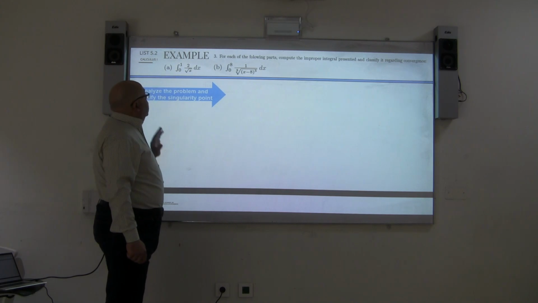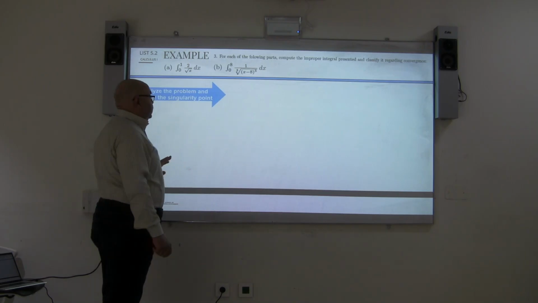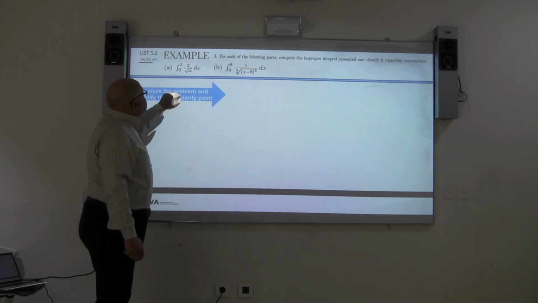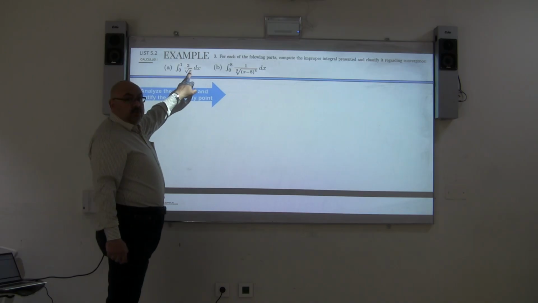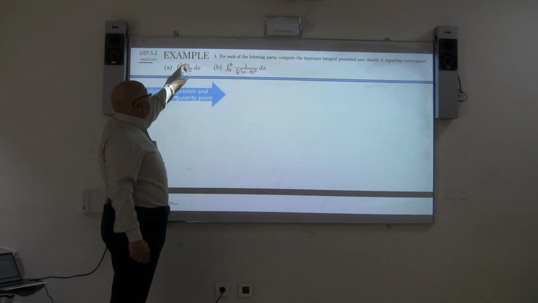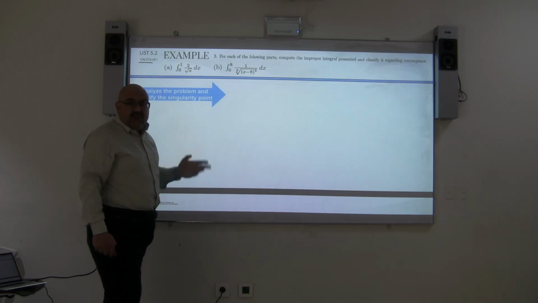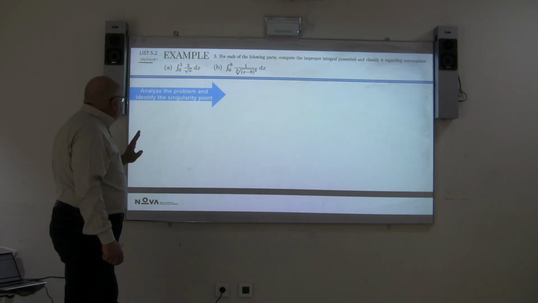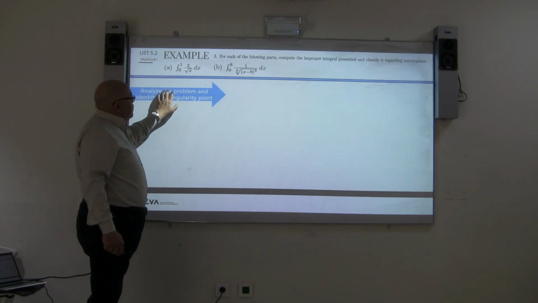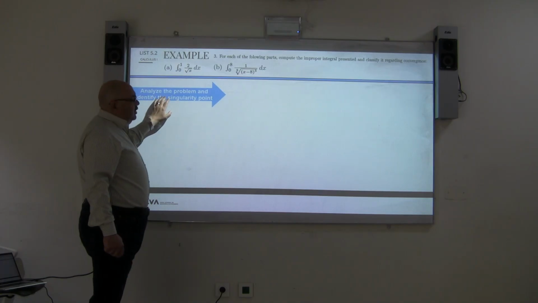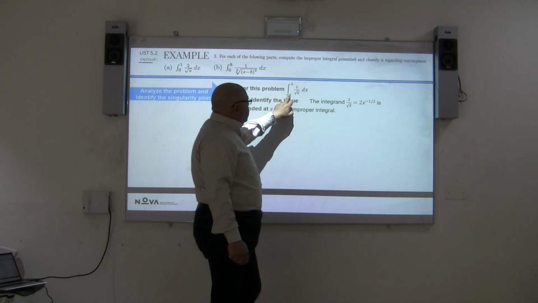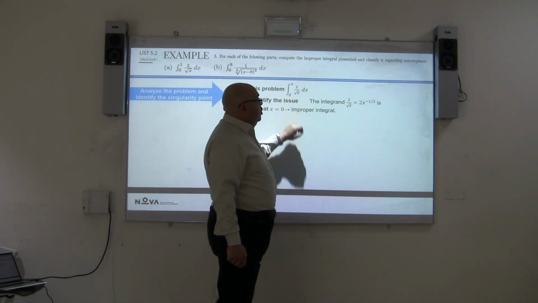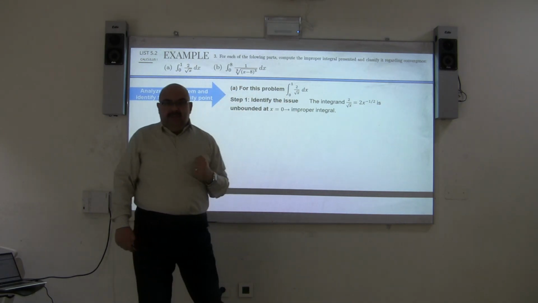The first remark that will hit you is that this function is undefined at 0, because at the lower limit, if you try to substitute 0, you will end up having 2 over 0, which is an undefined quantity. So the first step will be to analyze your problem and identify the singularity. The singularity will happen at the lower limit when x is equal to 0. So how to go around this issue?